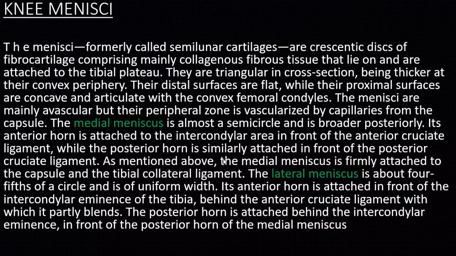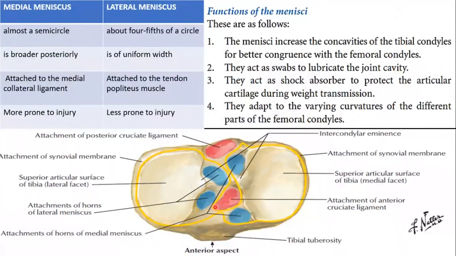Okay, let me show you that. You can see now this is the medial side. You can see that the anterior horn is arising in front of the attachment of the anterior cruciate ligament, and the posterior horn is also attached anterior to the attachment of the posterior cruciate ligament. Then you can see the lateral one, the posterior horn is in front of the attachment of the posterior horn of the medial meniscus.